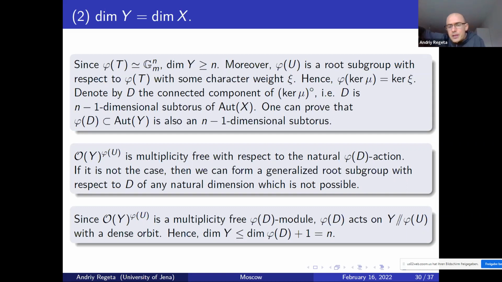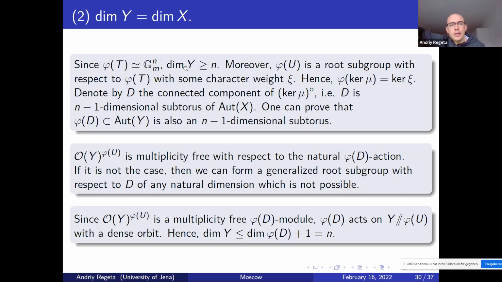So we have an n-1 dimensional torus that acts on the quotient of y by GA with a dense orbit. This means the dimension of y is less or equal than dimension of d plus 1, which is n. So we prove the inequality in another direction.